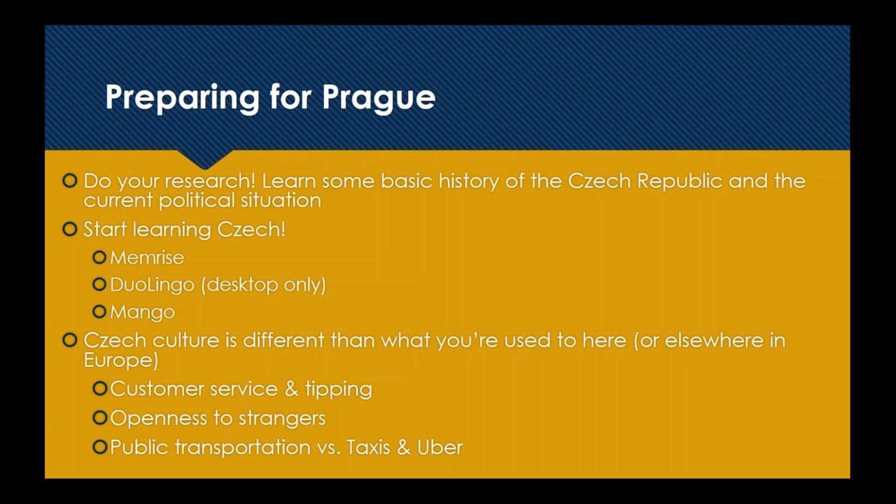So it means that if you go to a restaurant and you sit down, people aren't necessarily going to be smiling at you or super friendly or always following up with you, asking you if you need anything else. They're going to take your order, bring you your food, and bring you your bill, and that's it. They're not looking for big tips because it's not very common to leave big tips here, but they're also not going to go out of their way to help you because they don't need to.